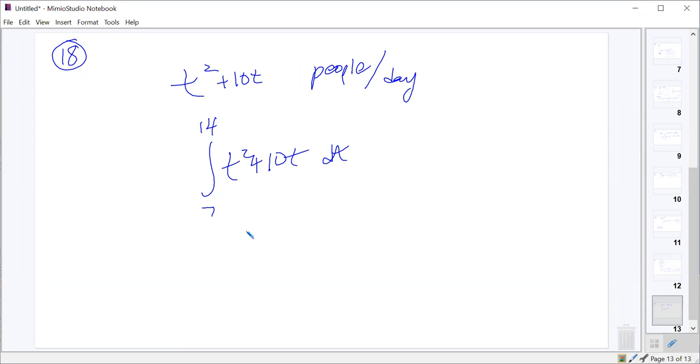And your calculator can do that for you if you wish, which is probably best because you probably don't want to cube 14 and then have that many thirds and et cetera, et cetera. So what does that come out to be?